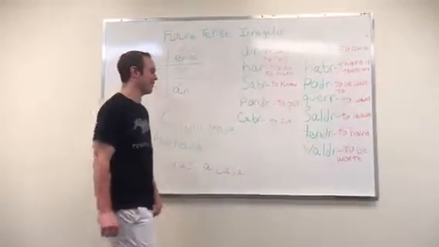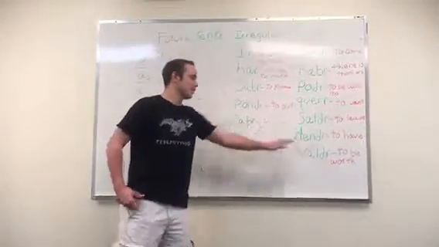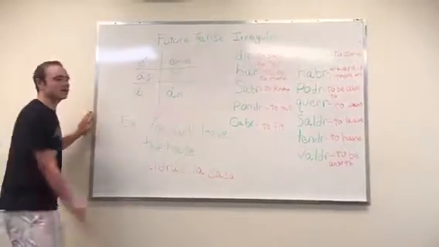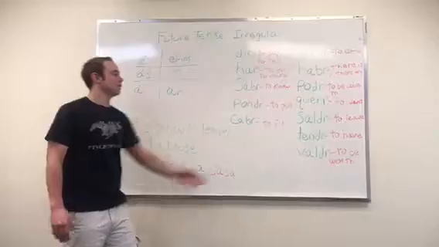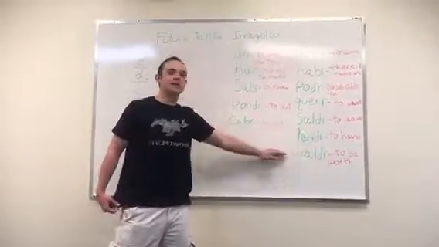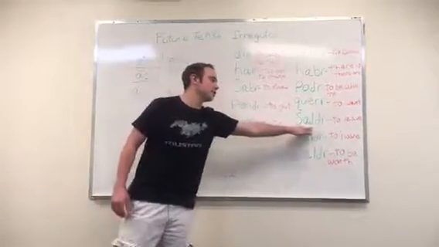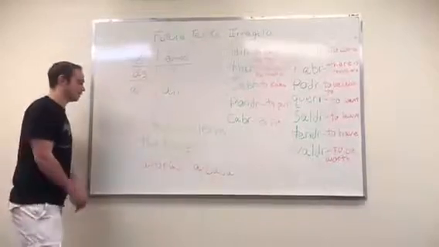Alright, so we have salir. An example sentence is, you will leave the house. Salir, to leave, has an irregular conjugation, which is saldr.